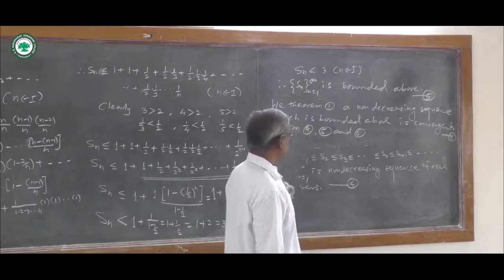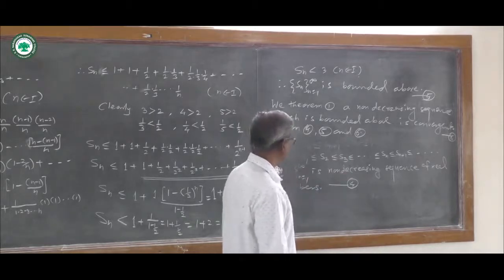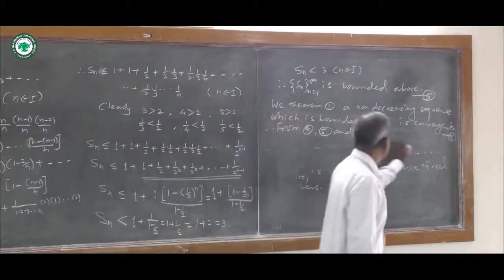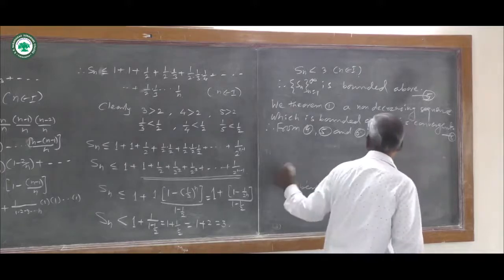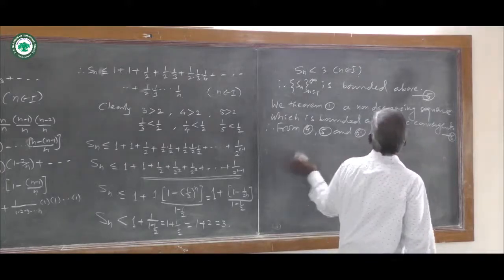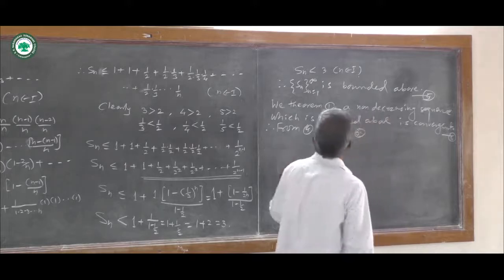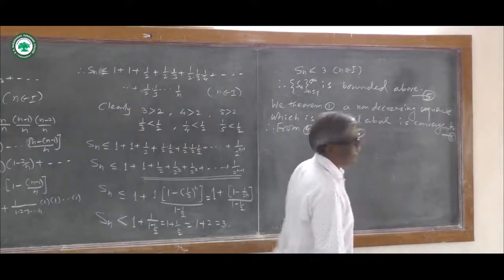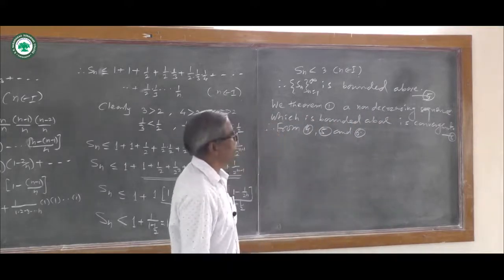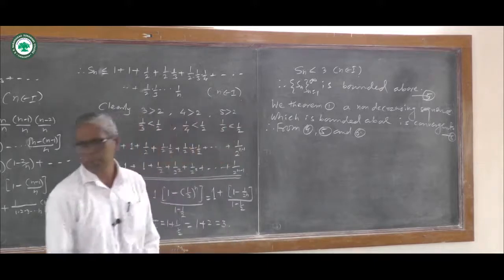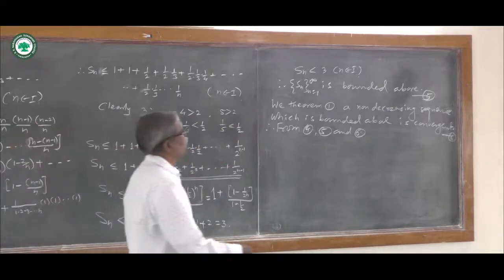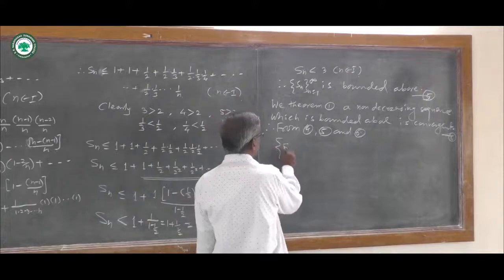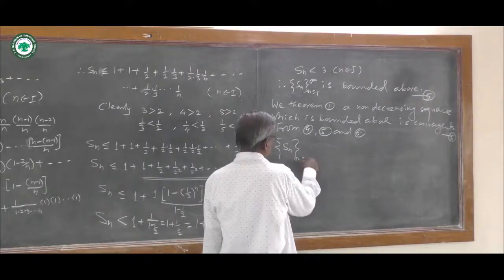Sn is a non-decreasing sequence of real numbers, from 4. From 5, Sn is bounded above. 6 is the theorem: a non-decreasing sequence which is bounded above is convergent. Therefore, the sequence Sn, n is equal to 1 to infinity, is convergent.